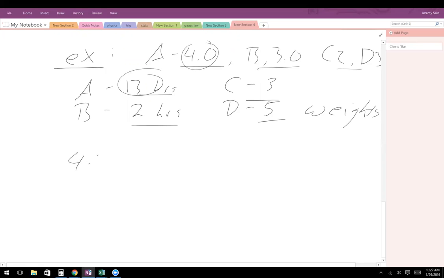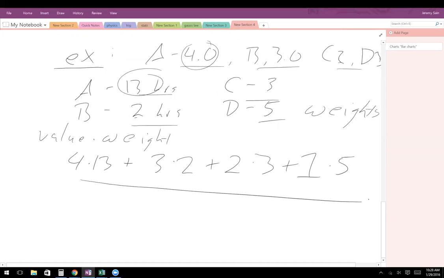So 4 times 13, 3 times 2, 2 times 3, and then 1 times 5. So this is all value times the weight. And then I divide by adding up just the weights. So 13 plus 2 plus 3 plus 5.